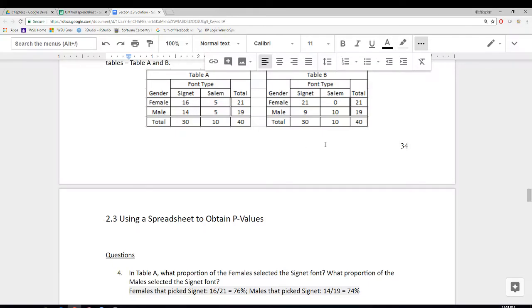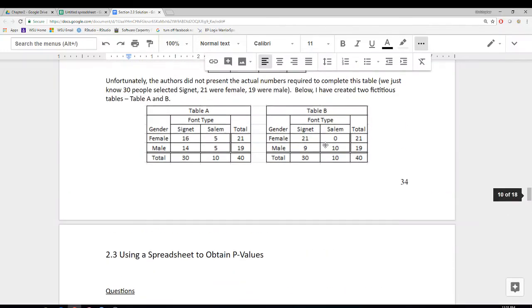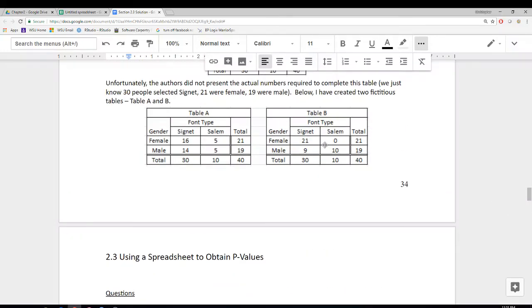But in Table B, 100% of the women pick the Signet font, and only 47% of the males pick it. So the pattern that I'm seeing for females is very different than the pattern that I'm seeing for males. In Table B, we would say that the gender is interacting with the font type.